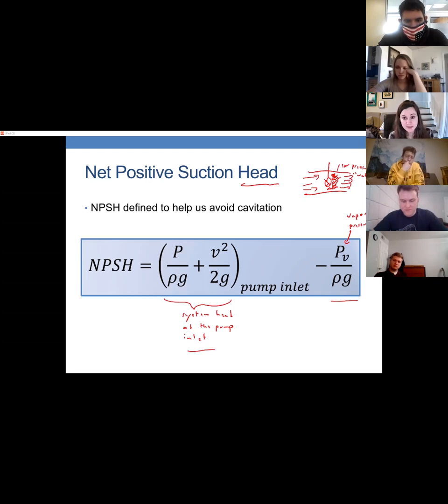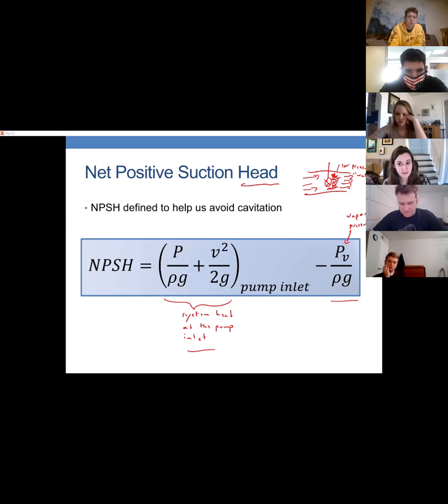But in this case, having more mechanical energy as we're going in makes cavitation less likely, because the more mechanical energy we have going into the pump, the lower the pressure will dip inside of the pump, and the less likely we are to get pressure to drop below the vapor pressure.